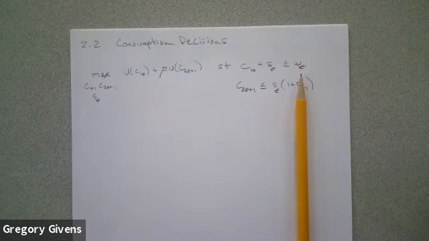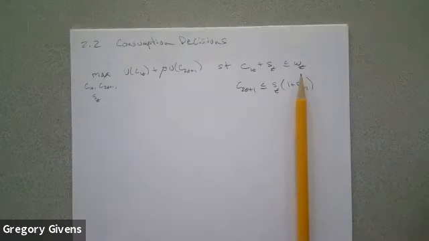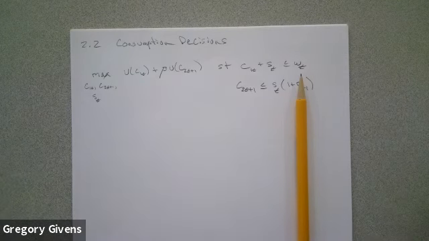I'm going to rent my capital to firms. Firms are going to take that capital and take your labor and combine it to produce output, okay? So firms are then going to pay me a rental rate and they're going to pay you a real wage.